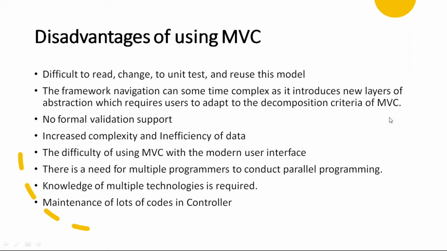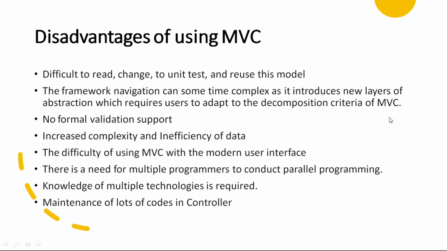No formal validation support. Validation simply means when you have input controls in your view, let's say your text boxes. When you put a text box and, for example, you say first name, you validate that text box to ensure that the user enters a first name and not a number.